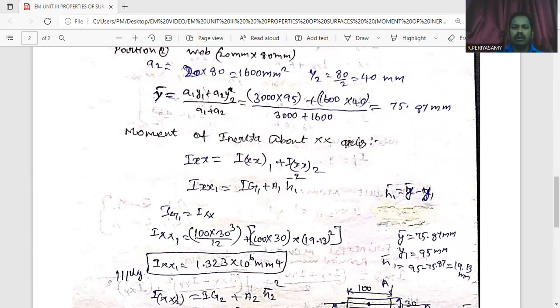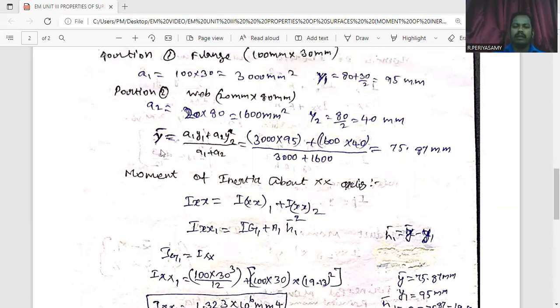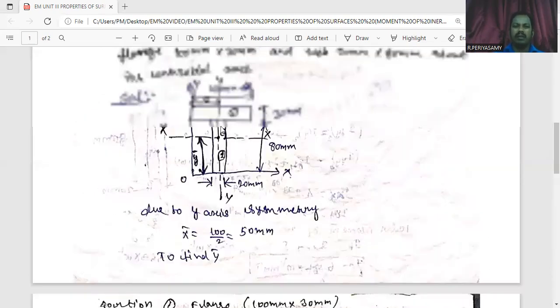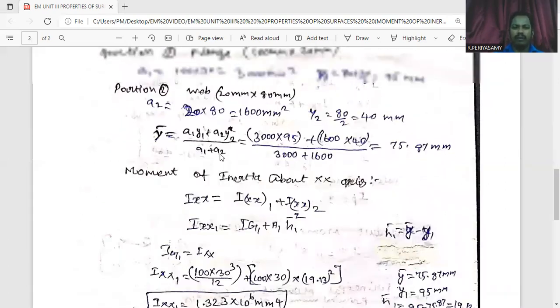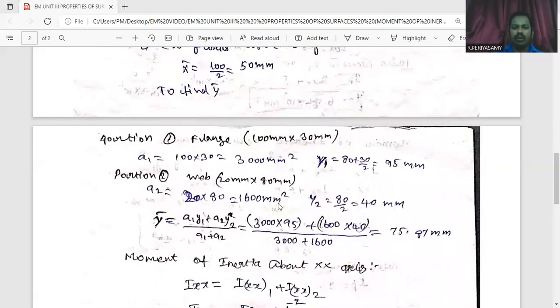So we know the formula for the centroid. In this problem, only two sections are there, so we found A1, Y1, A2, Y2. The final formula: y bar, the centroid about the y axis, equals A1 Y1 plus A2 Y2 divided by A1 plus A2.